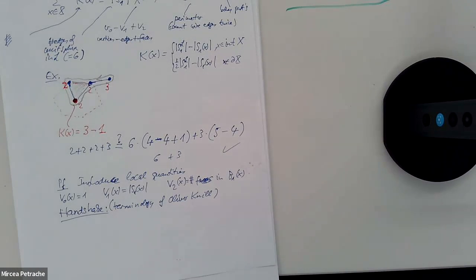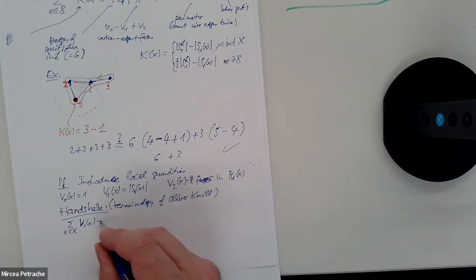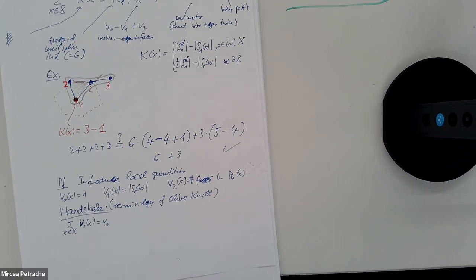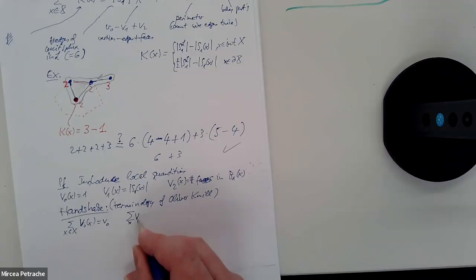So it's basically when you have these kinds of configurations. First of all, if you sum over all x in X the V0 of x, this capital V0 of x, you get back the little v0, which is the number of vertices. That's a trivial relation because we set V0 of x equal to 1. Then if we sum over the V1 of x, what do we get?